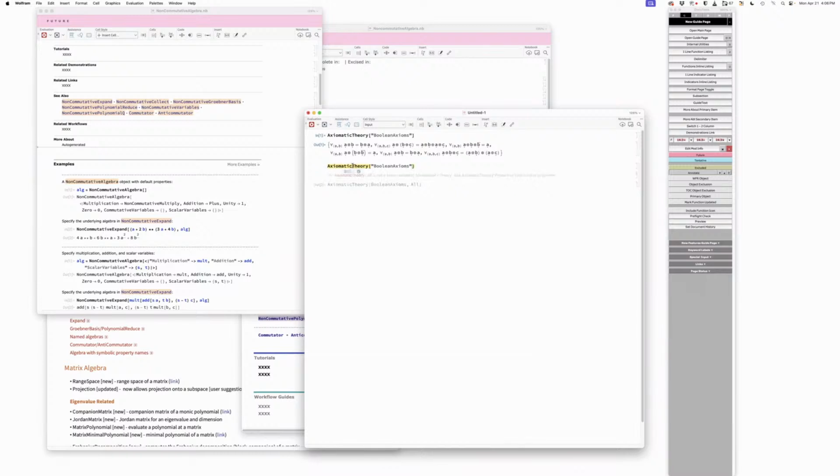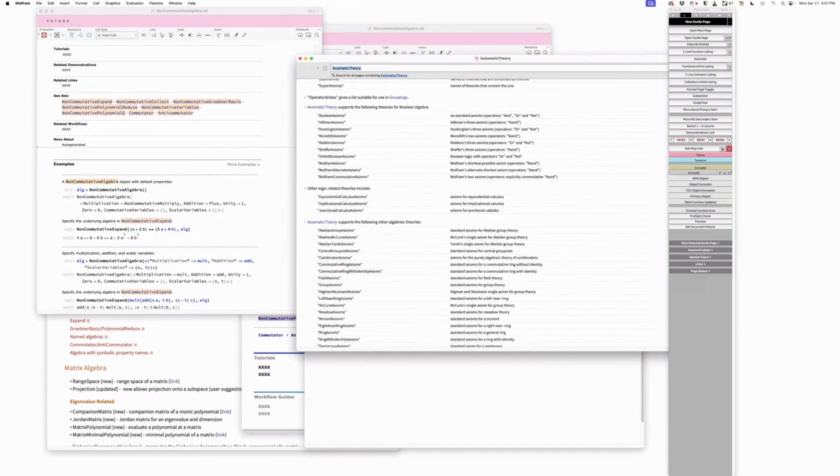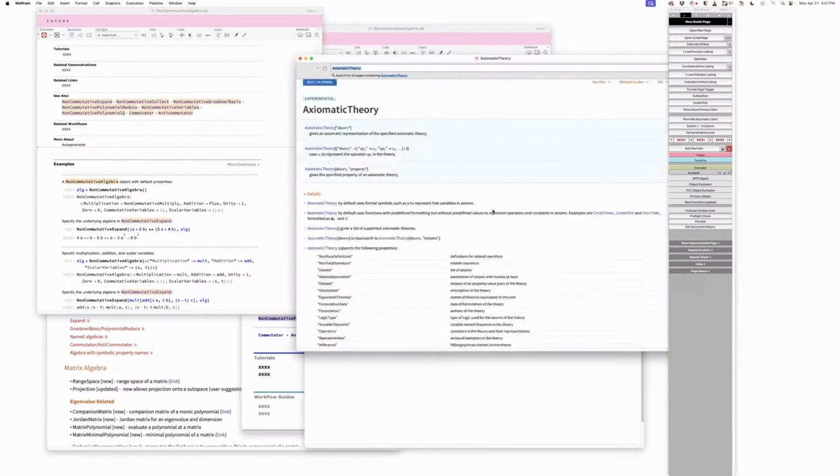How do we get the thing that lists... Right. I mean, the thing is that basically the non-commutative algebras we have are basically free algebras. So they only have the axioms of a generic non-commutative algebra. Okay.